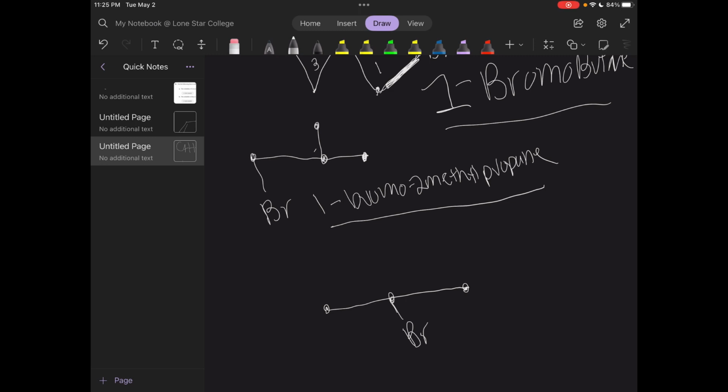Actually, I guess that would work, because one, you don't have to start from furthest to the right.